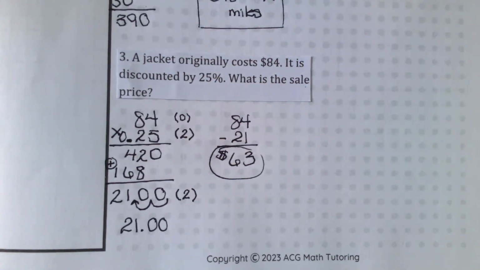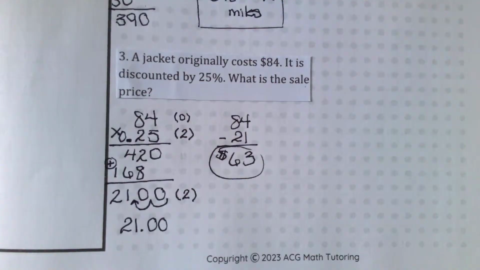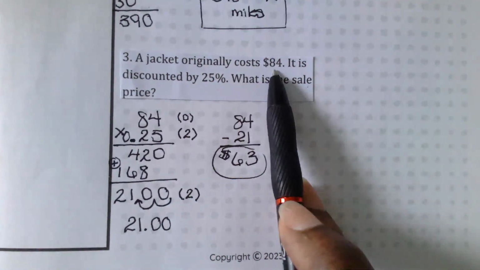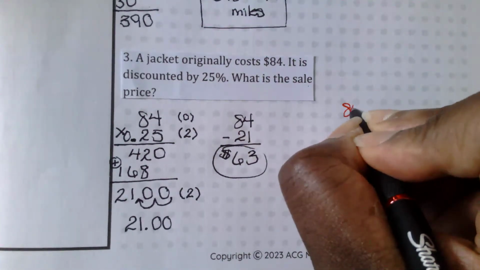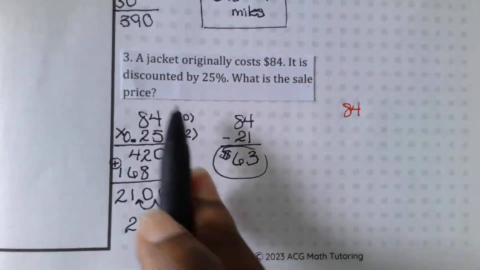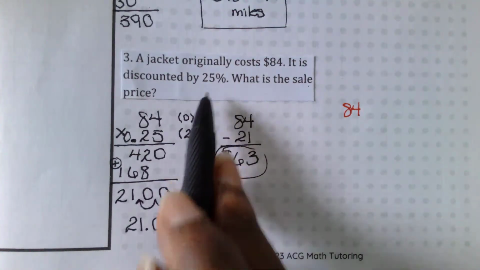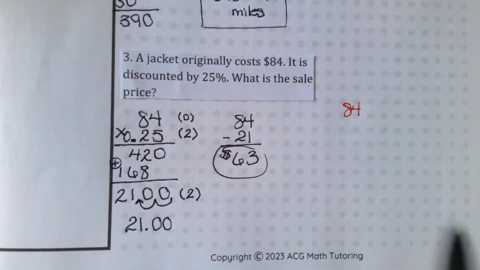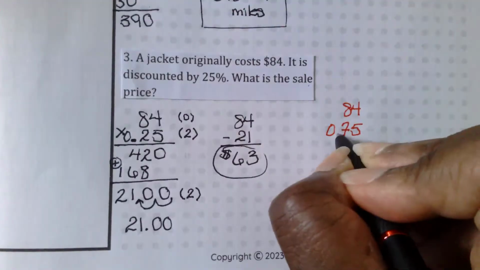And if you're 25 and up in age, we probably learned it this way. But there's another way. We have the cost of the original jacket, which is $84, and they're discounting, so that means they're taking away 25%. We're not going to divide, but if 25% is coming off, that means 75% still remains on that jacket.